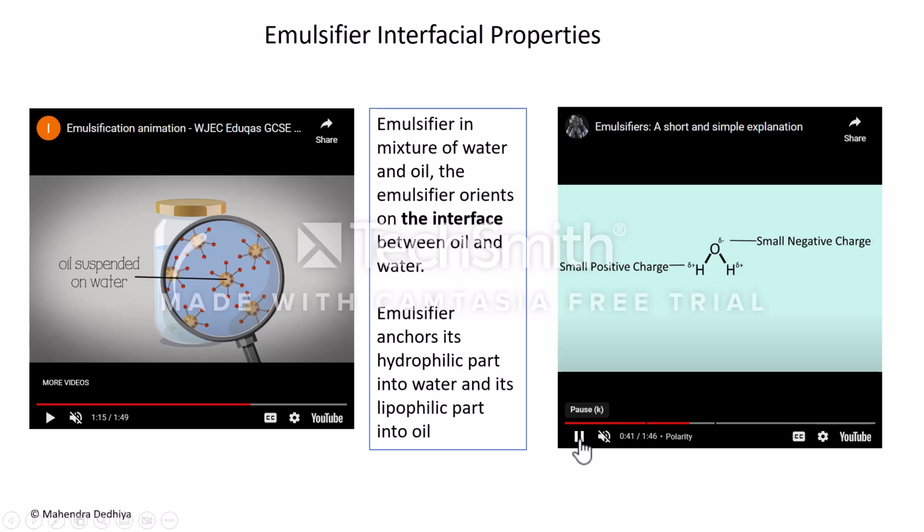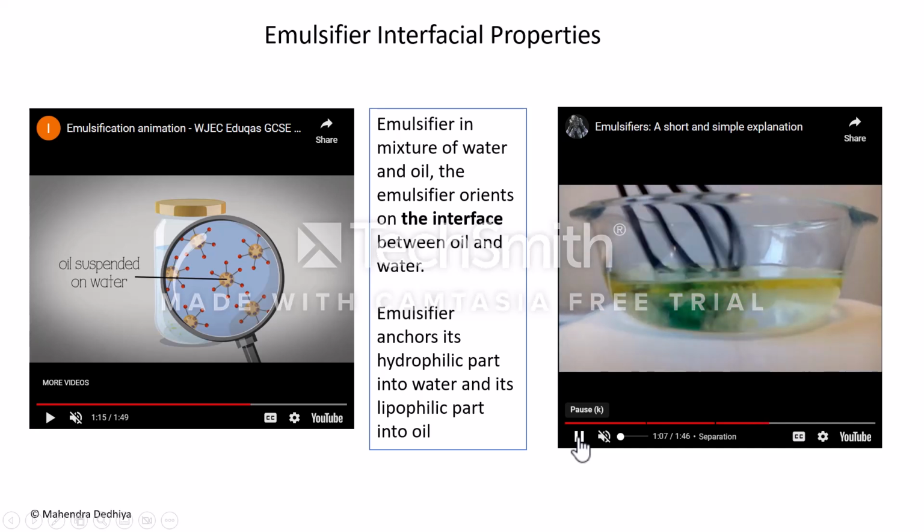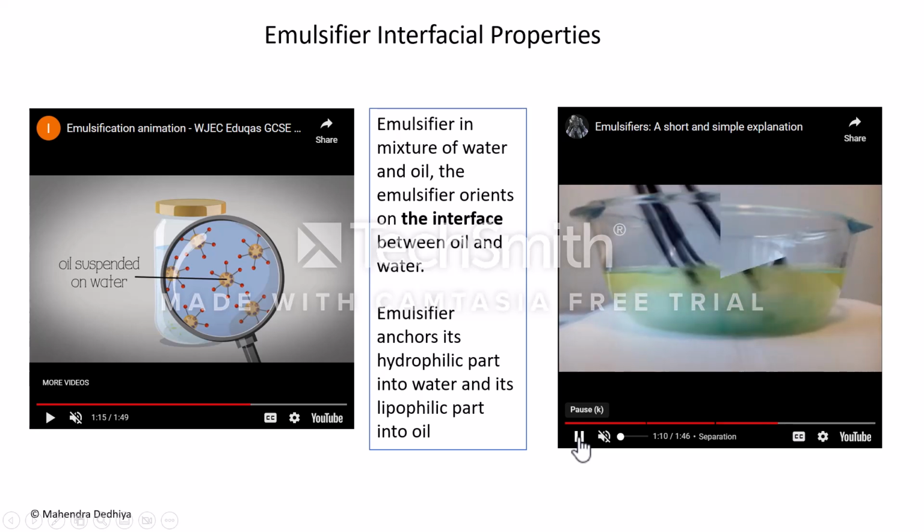If we add emulsifier to the mix, would it make an emulsion without providing any mechanical energy? That's a question. And we will see that when we add emulsifier to it, it does not form an emulsion. It sits. So we now have three phases: water, oil, and emulsifier. If we provide mechanical energy by just mixing it, you will see an emulsion preparation.